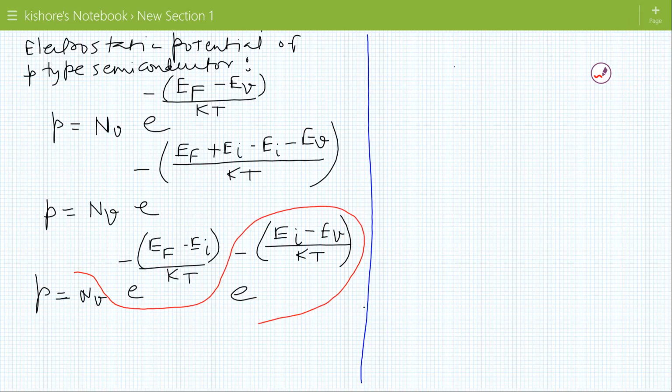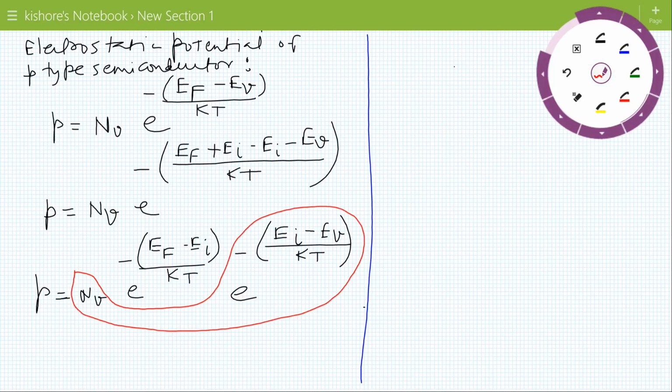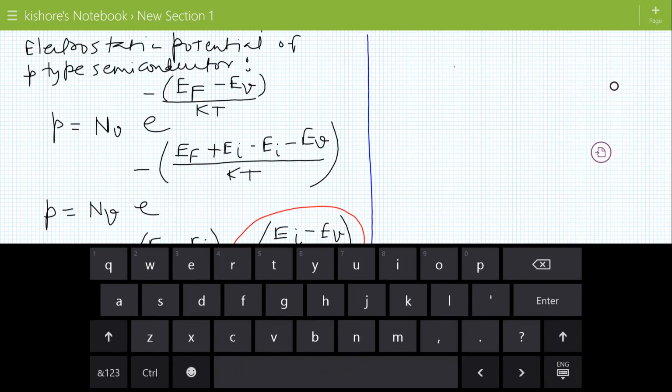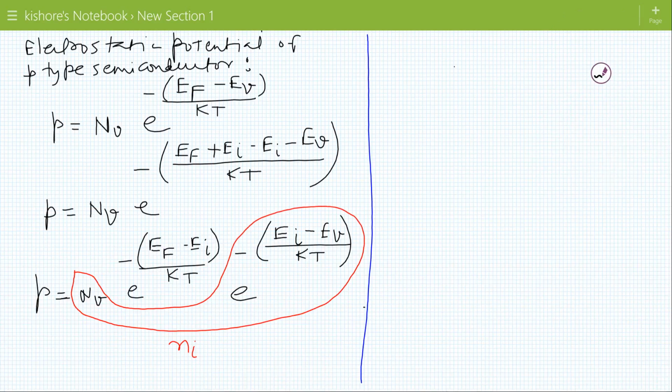So the expression for concentration of holes is P, P is Ni e to the power minus of Ef minus Ei by Kt.